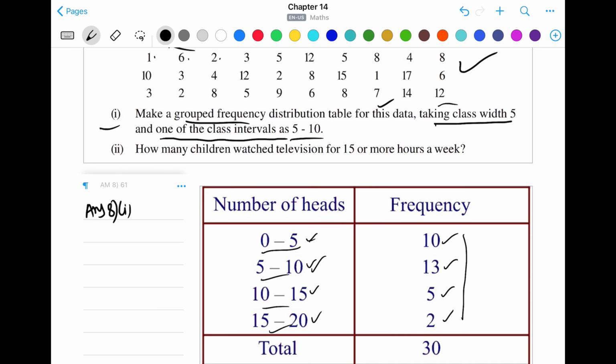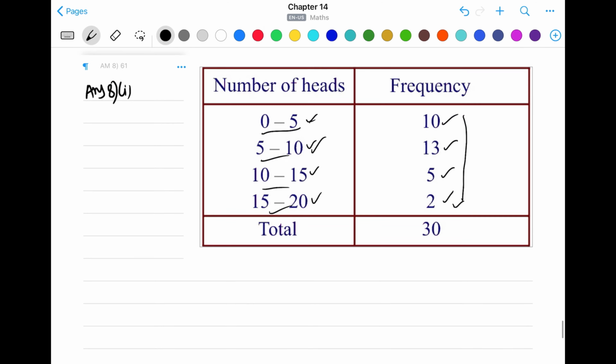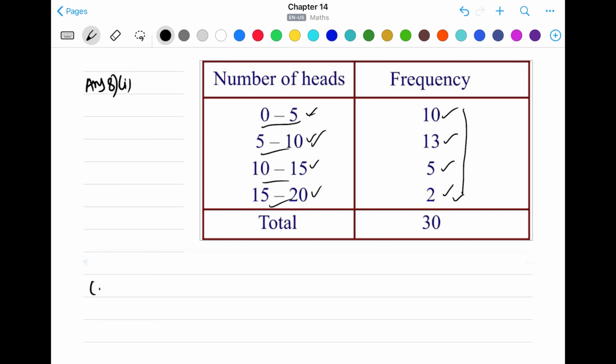Next, how many children watch television for more than 15 hours? So more than 15 hours is this one. So there are only 2 children who are watching TV more than 15 hours.